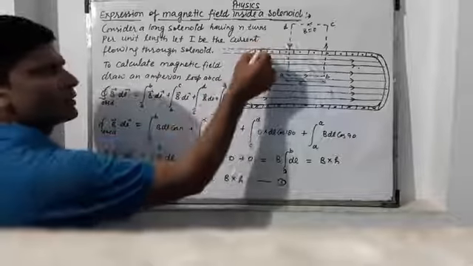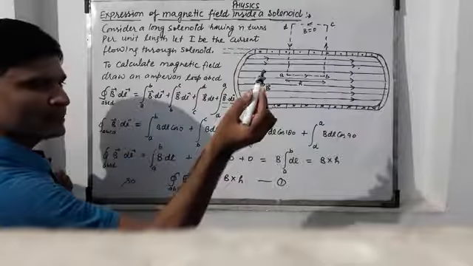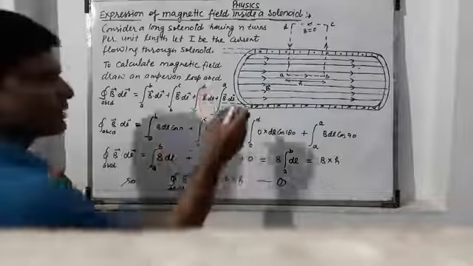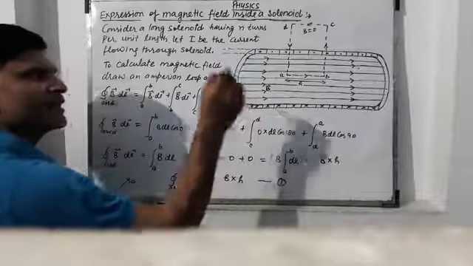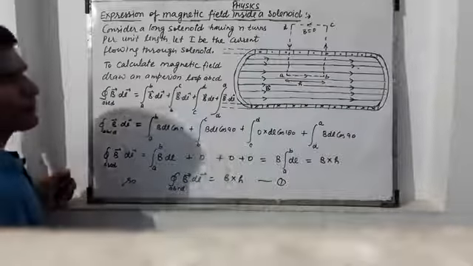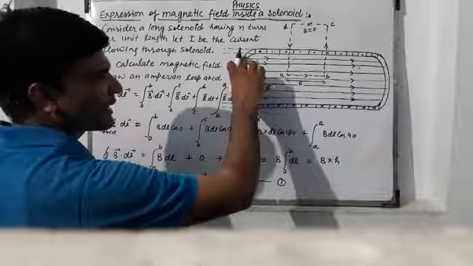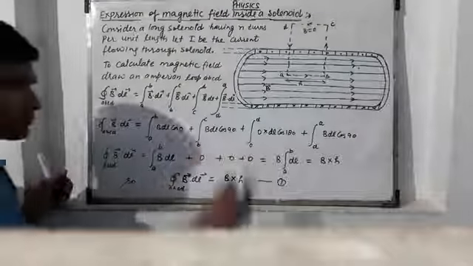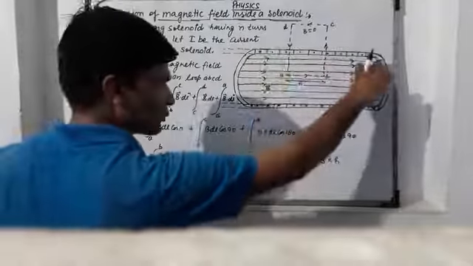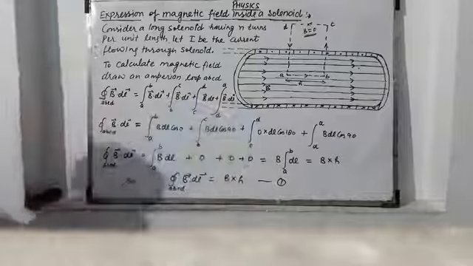This dot represents the current coming out of the plane of paper, and this cross represents that the current is going into the plane of paper. As you know, the magnetic field inside a solenoid is uniform, so this is represented by a set of parallel lines. Magnetic field outside the solenoid is 0.